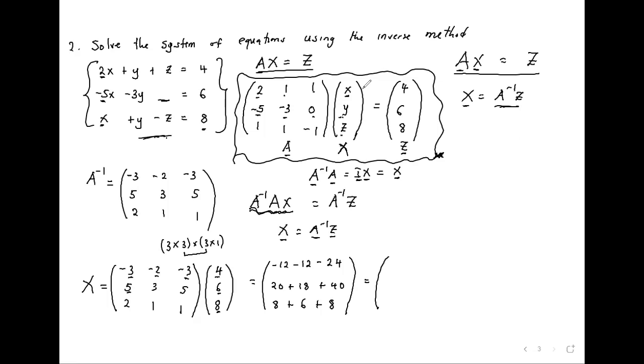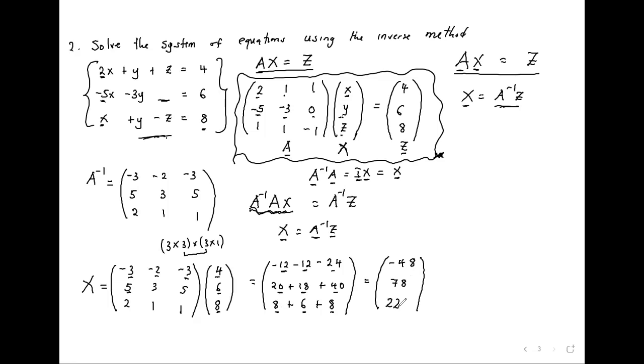So here now we have negative 12 minus 12, we get negative 24, minus 24, we get negative 48. And then 20 plus 40, 60, plus 18, 78. And then 8 plus 8, 16, plus 6, 22.